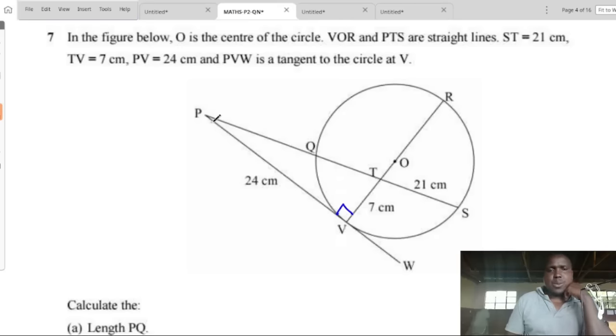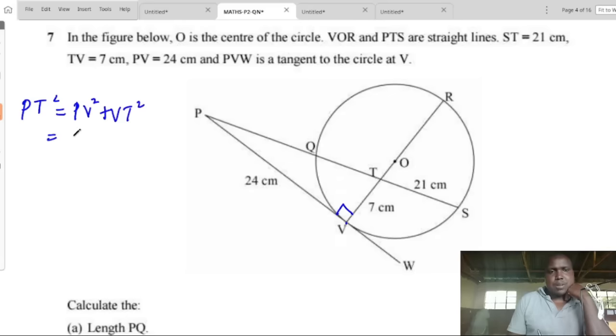So if we have from here up to here is 24, from here up to here we can get PT. That's the trick. That is the only way you are going to get PQ. If you don't know that, you will not score. So PT, which is the hypotenuse squared, will be equal to PV squared plus VT squared using Pythagoras theorem.